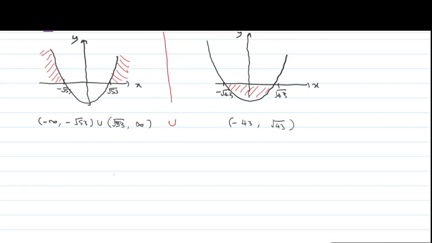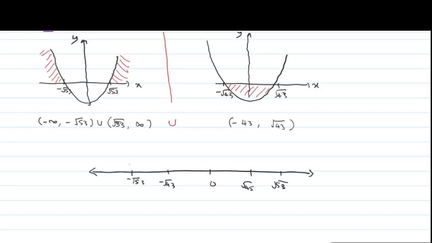So by using number line, okay, we have negative square root of 53, negative square root of 43, 0, square root of 43, square root of 53.